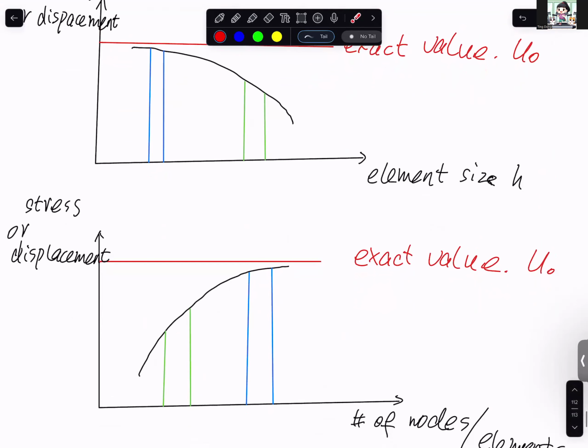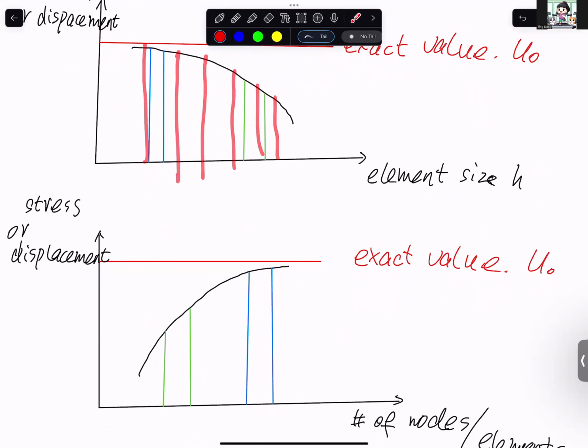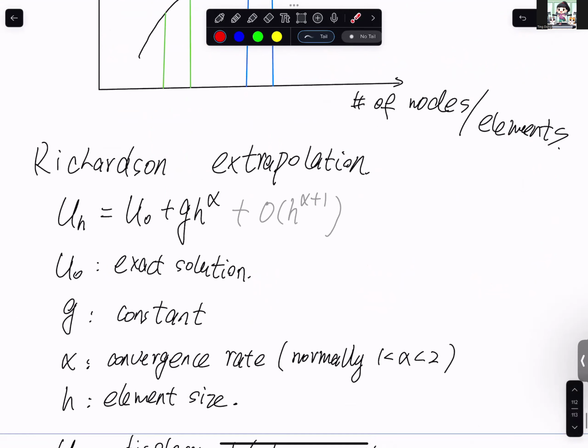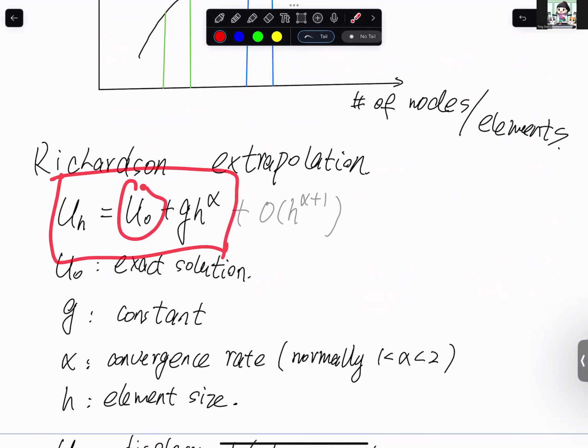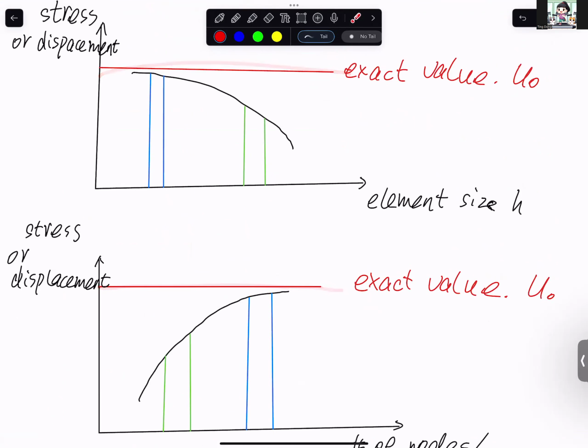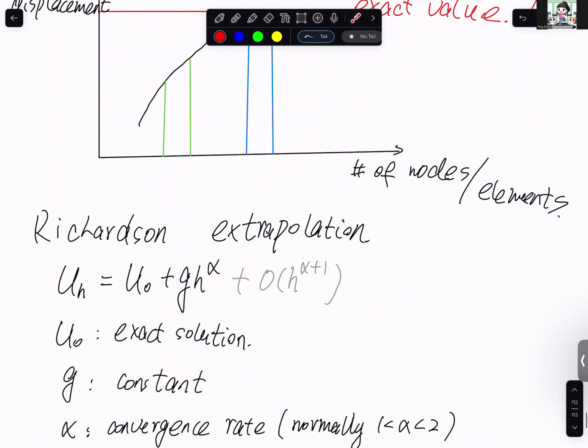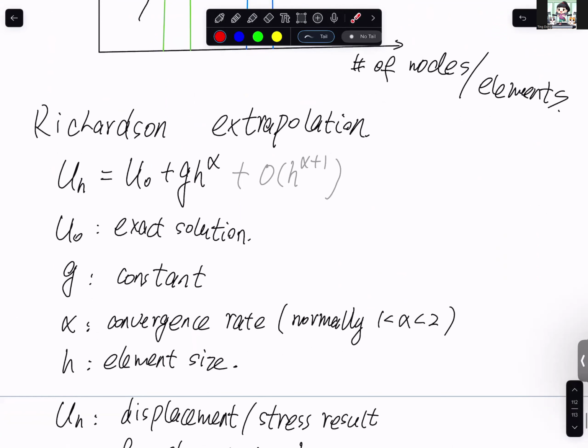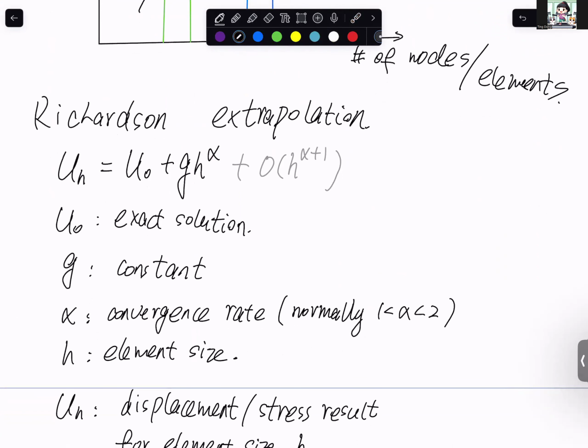Instead of trying, okay, choose here and then here and then here, and spending your whole day running the FEA analysis, you can have only 3 sets of data and use this equation, and you can calculate the exact solution here, and you're done. So this is the whole purpose of our topic today. We only need 3 sets of data.